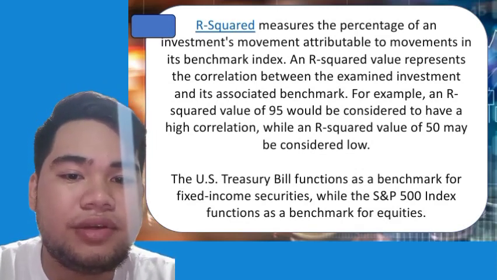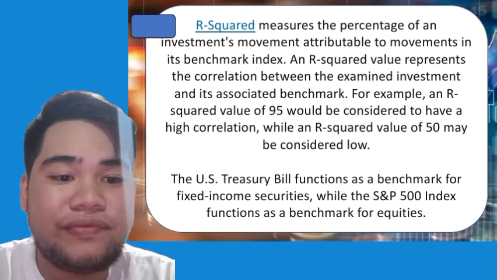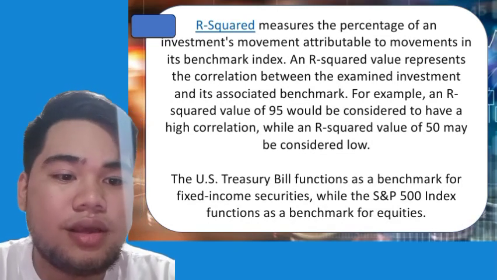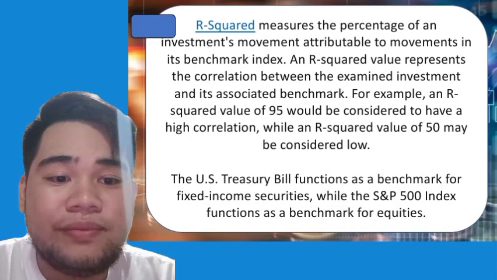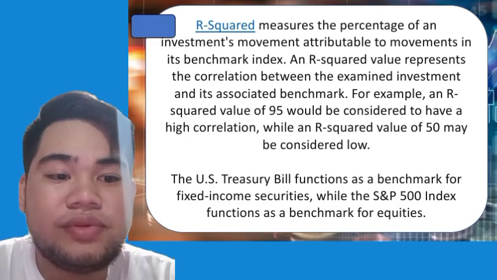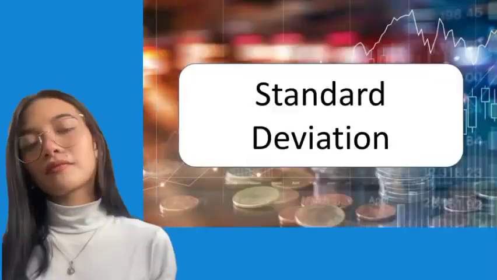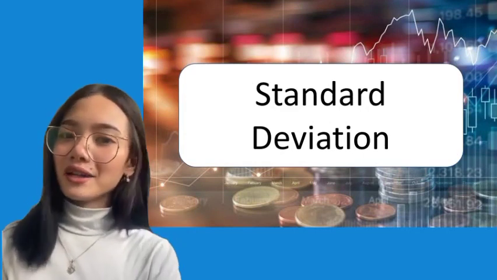The U.S. Treasury functions as a benchmark for fixed income securities, while the S&P 500 index functions as a benchmark for equities.